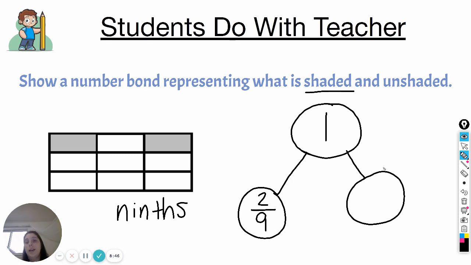Now in the other leg, go ahead and label the unshaded fraction. I'll give you a moment to go ahead and write that unshaded fraction.